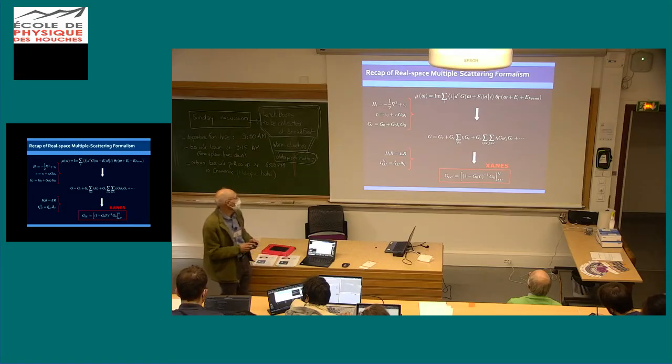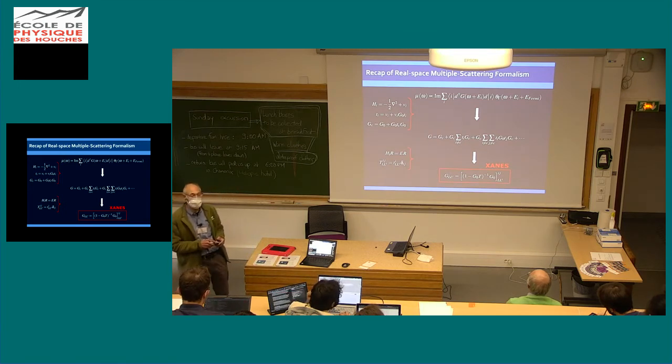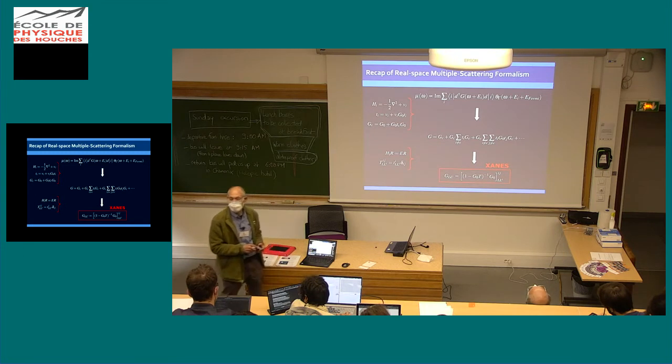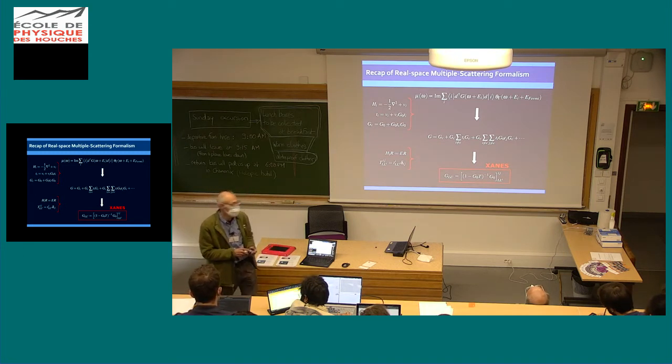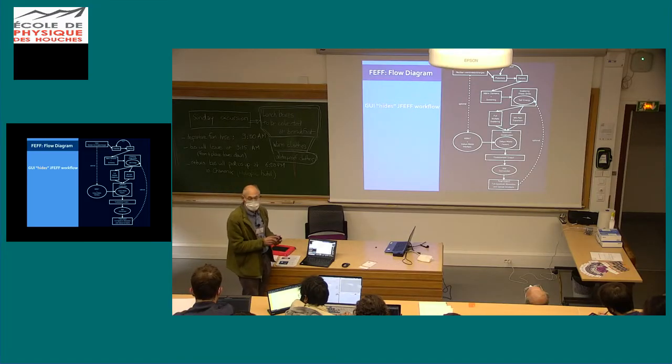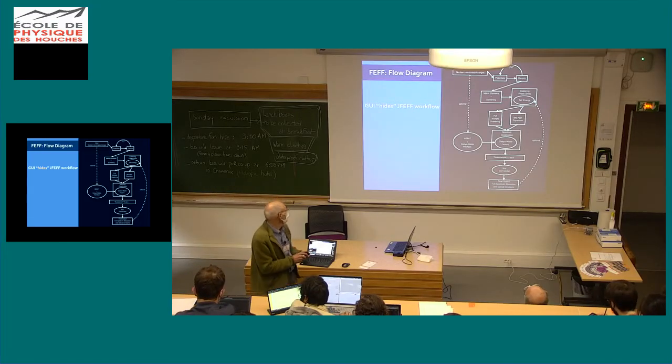This was a recap of the formalism. So what we did was, for the GeCl4, we did this matrix inverse and repeated it over a grid of about 100 energy points. This is the flow diagram to see how it works.